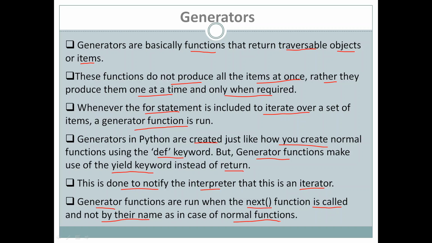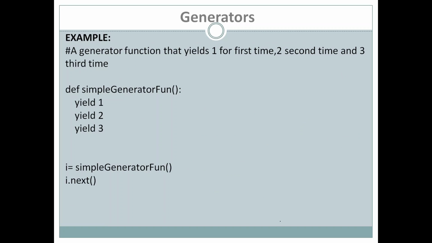Okay, to understand this in a better way, we will go through one simple example here. Look at this example. This function is defined like a regular function with the keyword def, the function name, and the parameters.